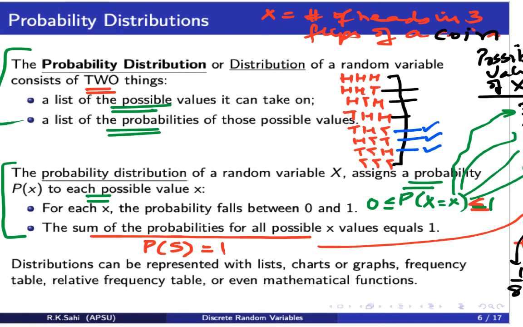Okay, so this talks about the definition of a probability distribution. The second paragraph is relating these probability distributions to the things we have learned in the probability chapter, because a probability distribution includes not only the possible values the random variable can take, but also the probabilities of those possible values.